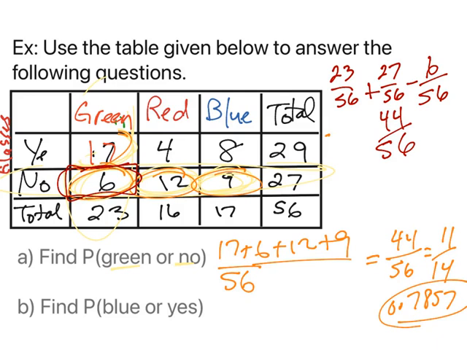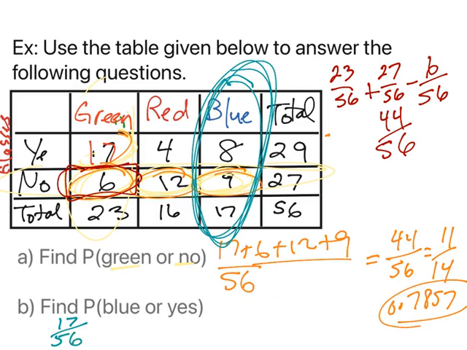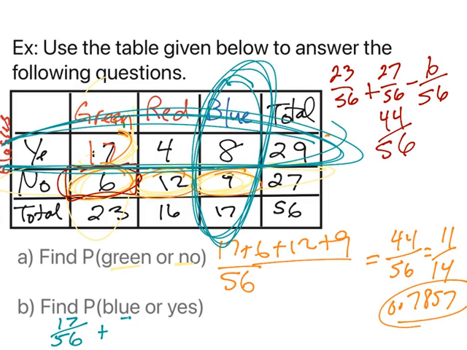So my point with this is if you have a table, you have options. You can do the counting part, or you can just do the formula. So the probability of blue or yes. Okay, well, here's blue. So probability of blue is 17 over 56. Probability of yes, well, here's yes, right at the top. So that's 29 over 56.